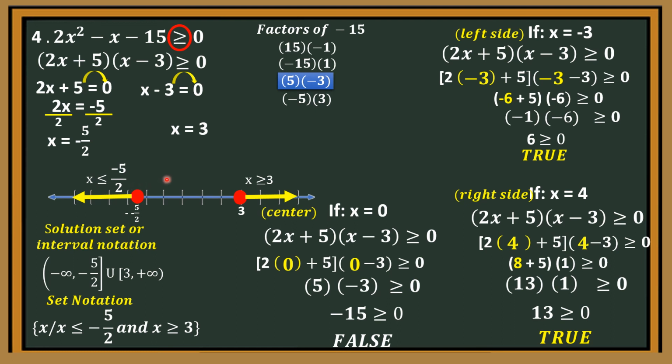So, ito yung ilalagay natin sa set notation natin. Gamit tayo ng brace. So, x such that x is less than or equal to negative 5 over 2 and x is greater than or equal to positive 3.